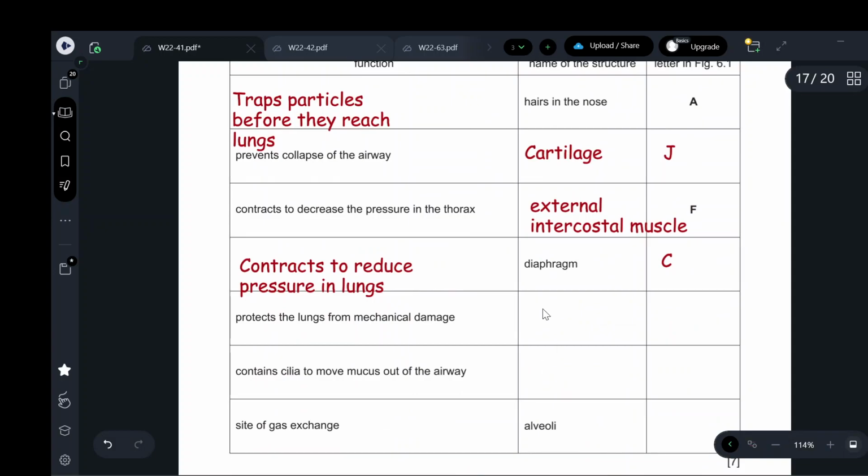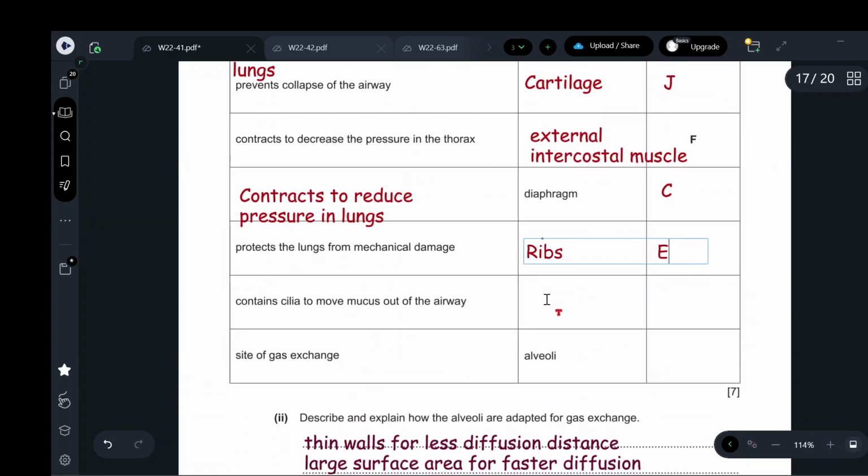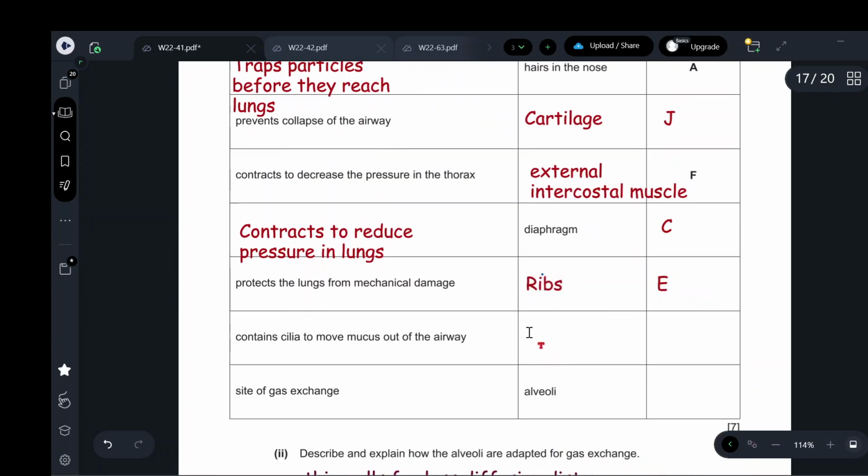It will be rib cage or ribs and the letter E. Contain cilia to move the mucus. I can write the trachea or the bronchus. So trachea, which is J, or if you write bronchus, it will be B.